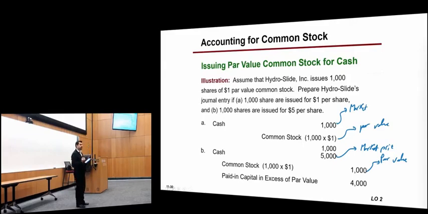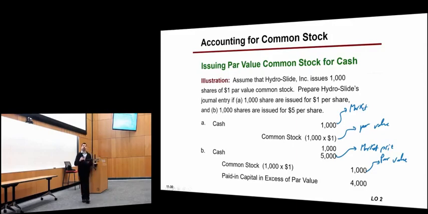Do you understand that? When the common stock has a par value, this is the value that the company is required to use to record common stock. Anything extra will go to paid-in capital in excess of par value.